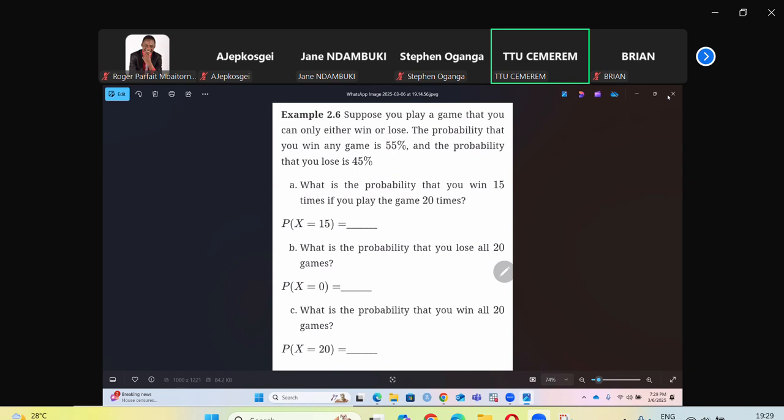And the experiment has been done a number of times. How many times has it been done in total? 20 times. So it's a binomial. Is that okay?